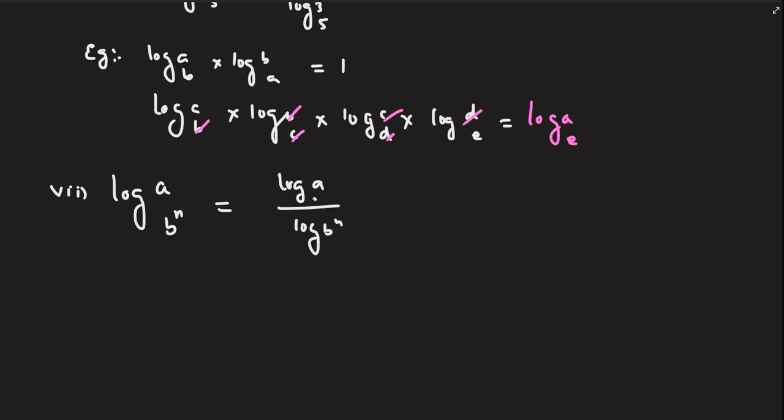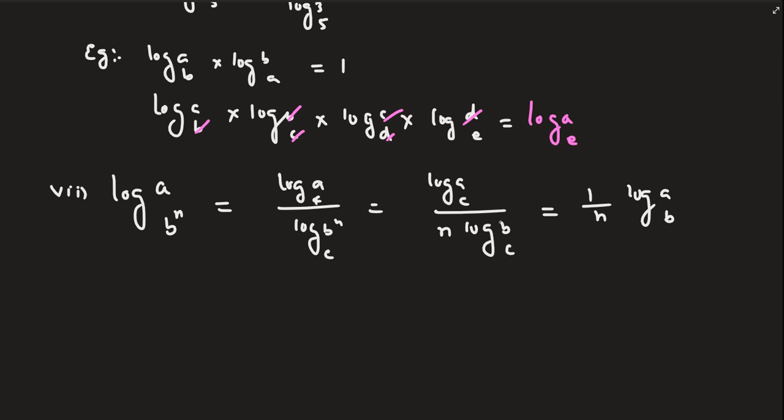Any base you can put here. If I put c, no problem. So it will be log of a base c, and by using the property, n log b base c. So this will be 1 by n log a base b.